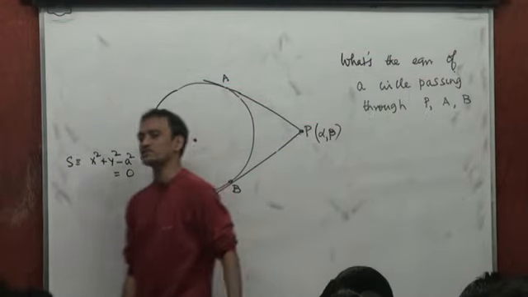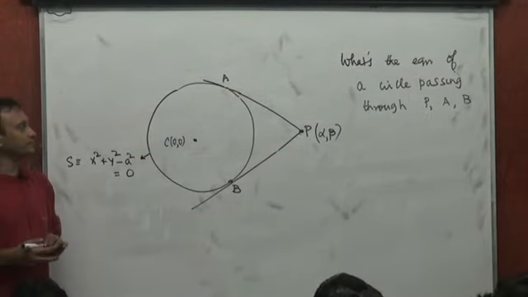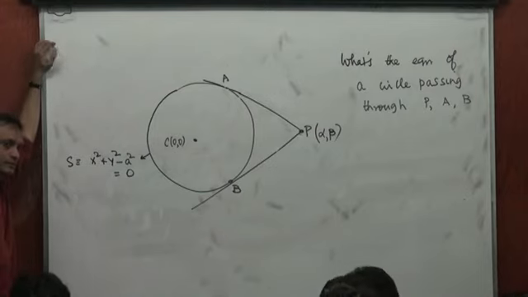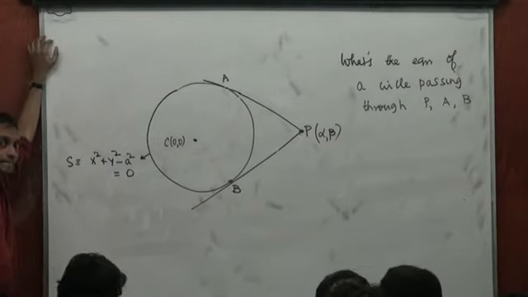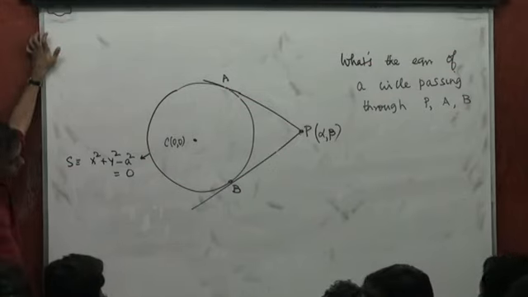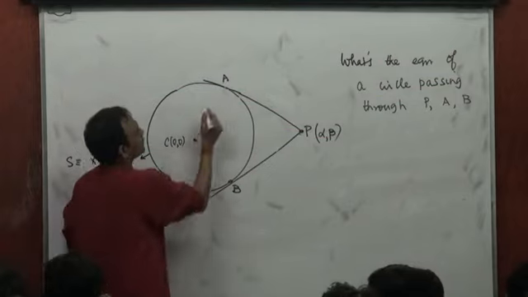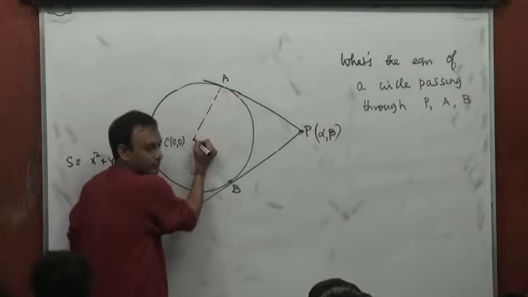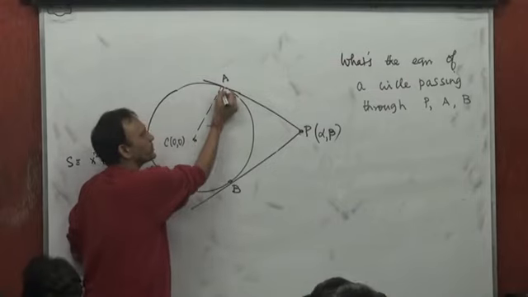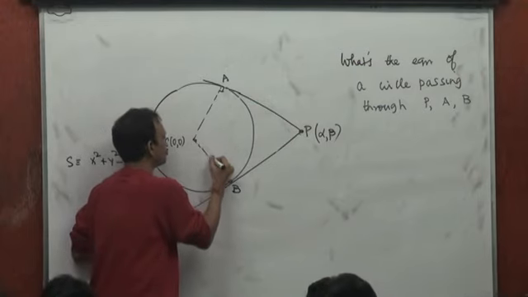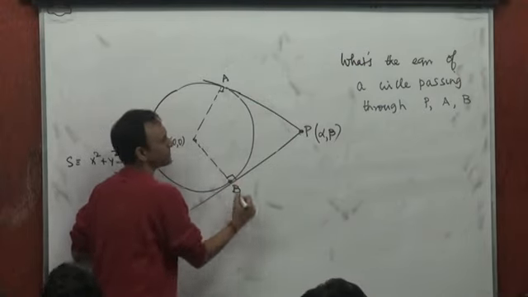Equation of a circle passing through P, A and B. Join A to C. Going to be perpendicular, radius perpendicular to the tangent. Join C to B. That's also going to be perpendicular to PB.